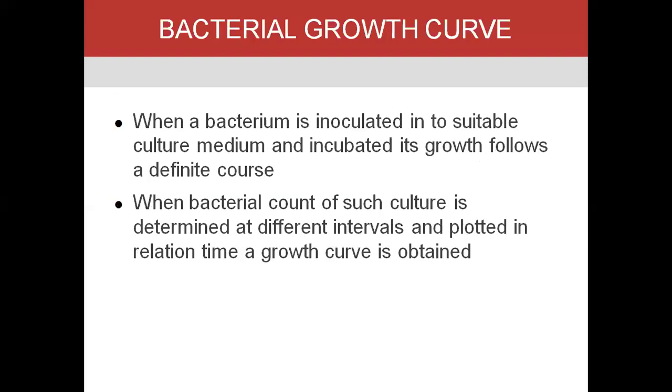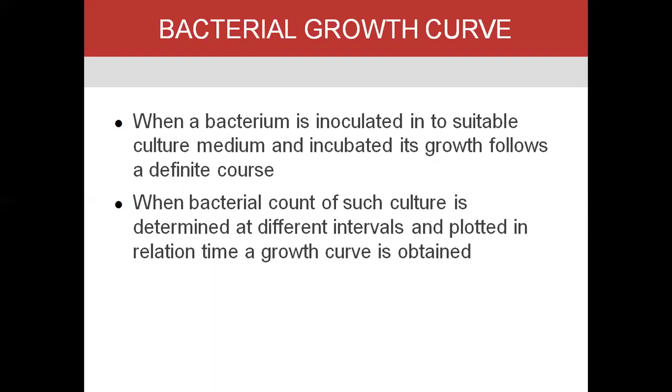And next, bacterial growth curve. So what is a bacterial growth curve? When a bacterium is inoculated into a suitable culture medium and incubated, the growth of the bacteria follows a definite course. So if we take a bacterial cell and inoculate it into a new culture medium, then growth of the bacteria takes place.